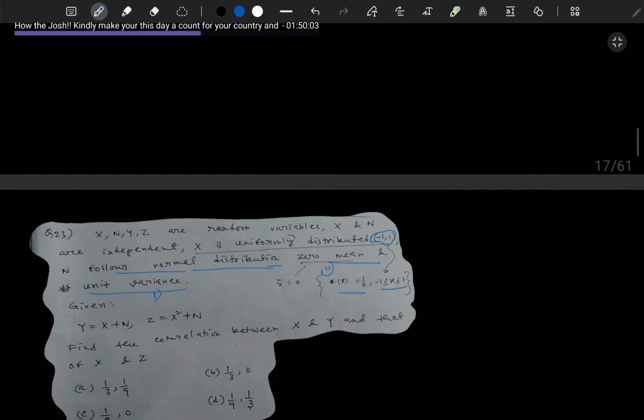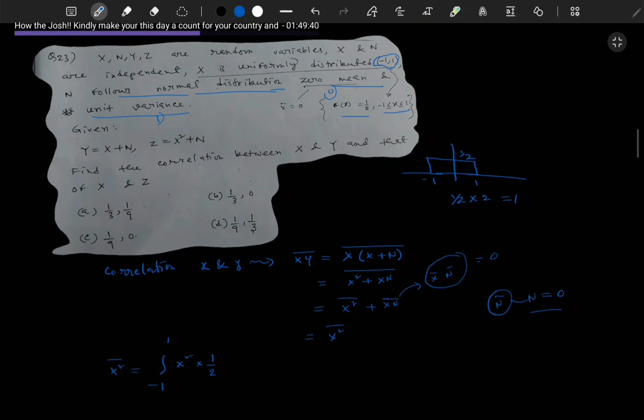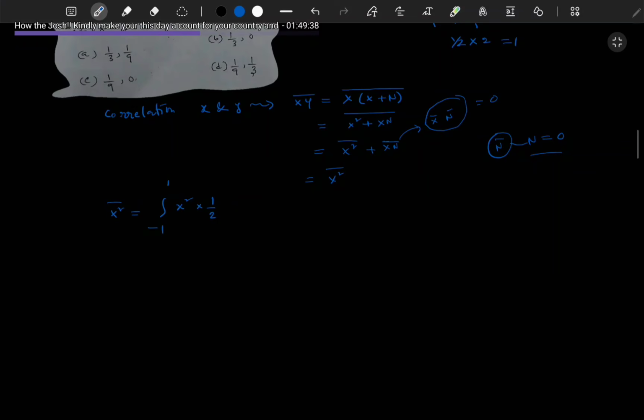Because of equal distribution, the area will always be 1, so to make the area 1, the magnitude should be half. 1 into half into 2 equals 1. So the probability distribution function magnitude is 1 by 2.